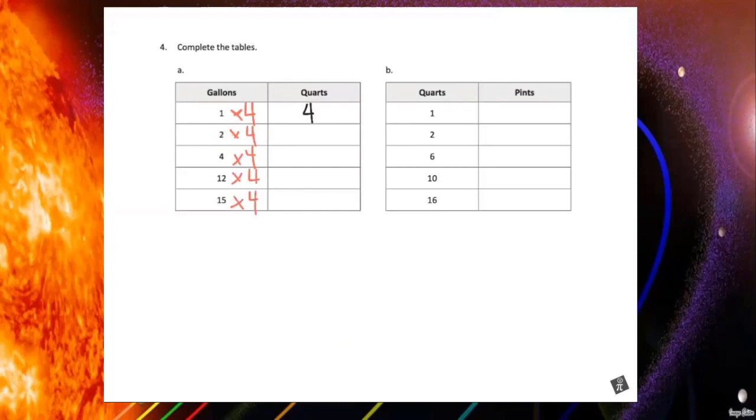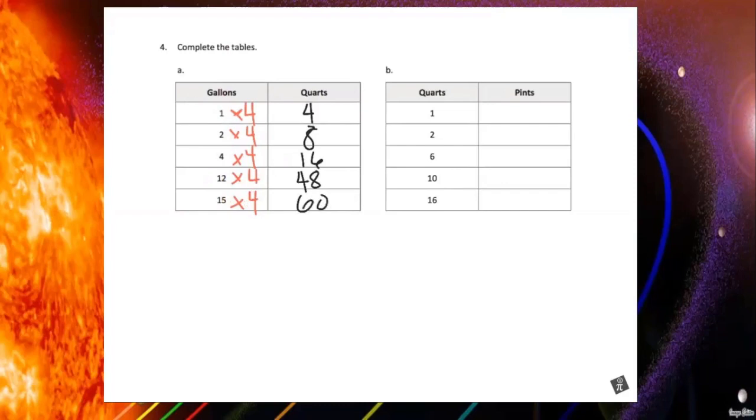So 2 times 4 gives us 8. 4 gallons times 4 gives us 16 quarts. 12 gallons times 4 gives us 48. And then lastly, 15 gallons times 4 gives us 60.